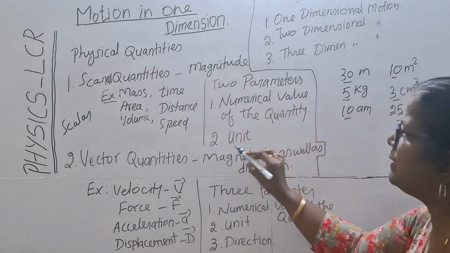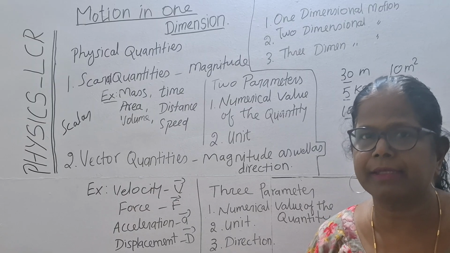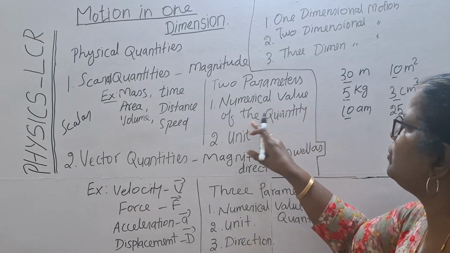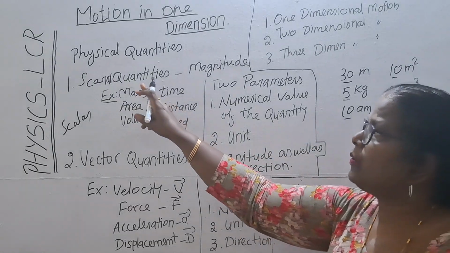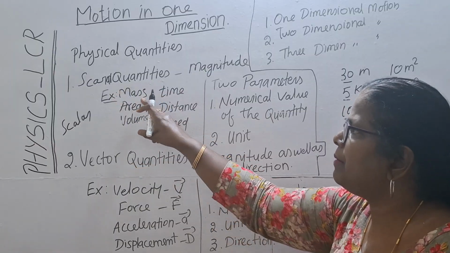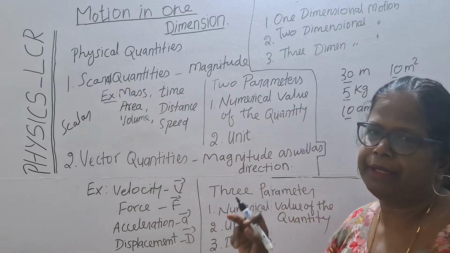These two parameters determine the scalar quantity. What is a scalar quantity? Only the magnitude. Examples: mass, area, volume, time, distance, speed.